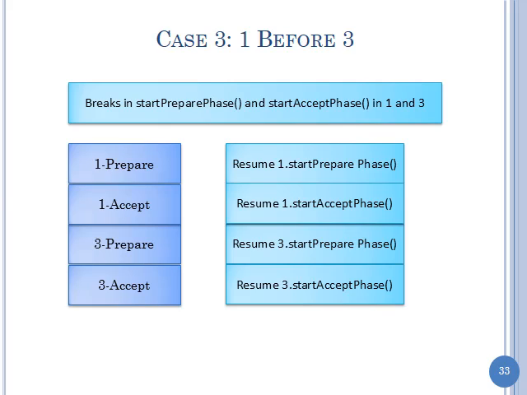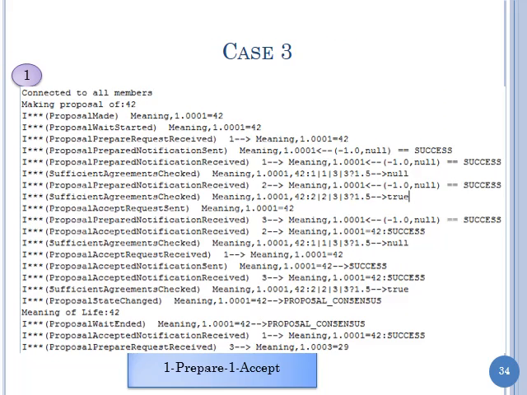Okay, so everybody will go and tell 3 that they have accepted 1's value, and it will make a decision based on just 2 nodes. So we are seeing this from 1's point of view, and 1 prepares and accepts, and you see the meaning of life 42 as a learned value.